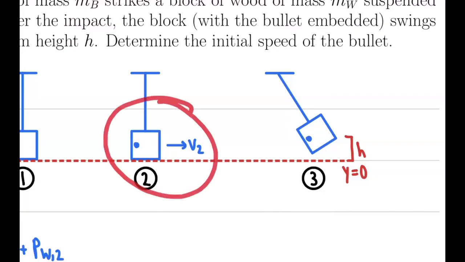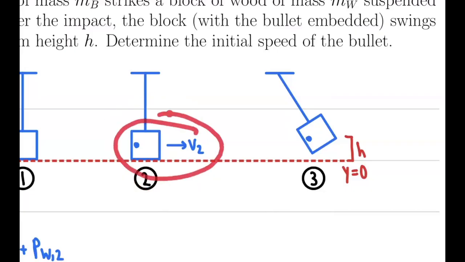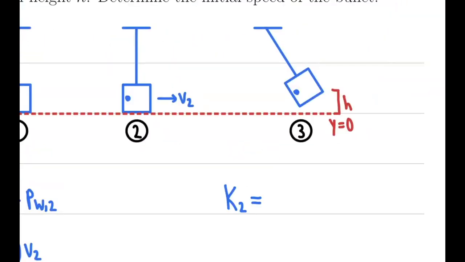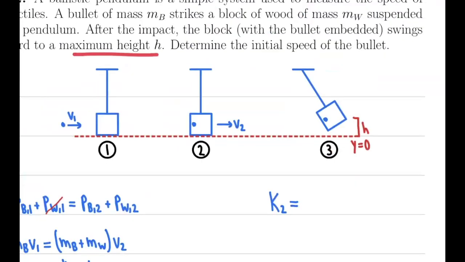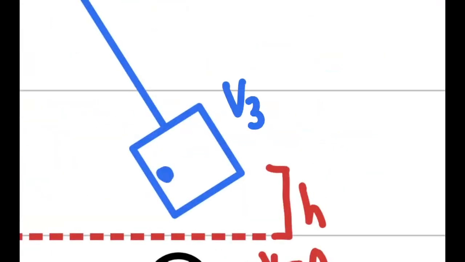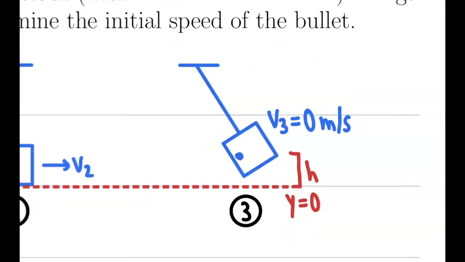At 2, we have only kinetic energy because we're at y equals 0, so there's no gravitational potential energy. So K2 equals, and then over here, what's the velocity of the block-bullet system when it's at its maximum height h? 0. Yeah, so V3 equals 0 meters per second.